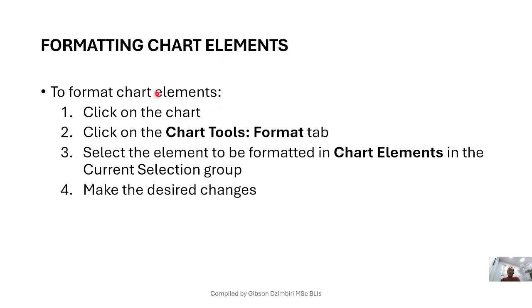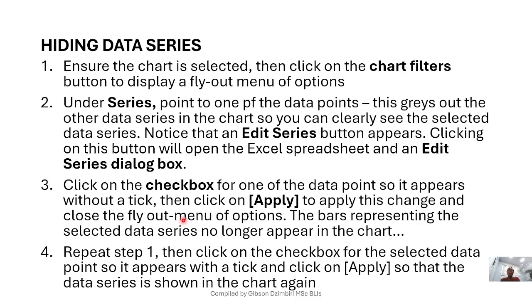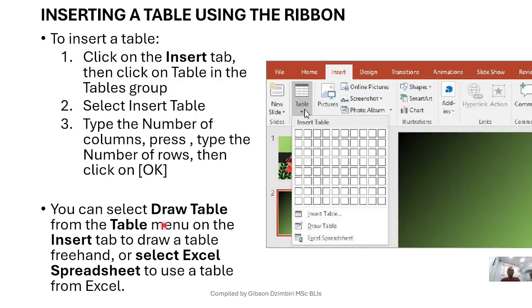You can give them colors. You can do whatever you want. You can also edit the information on the chart, on the associated Excel of the chart. You can hide data series if you want, so you can follow all these steps. It's very simple and easier.